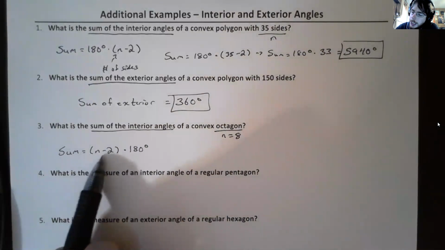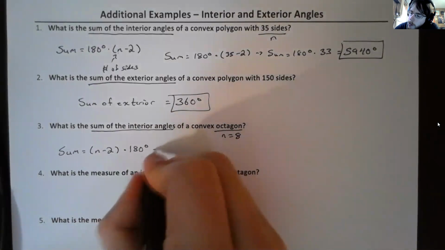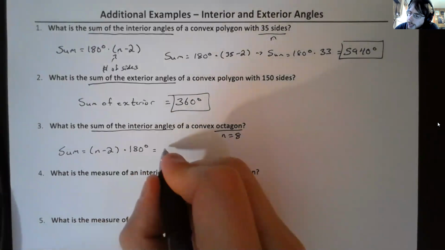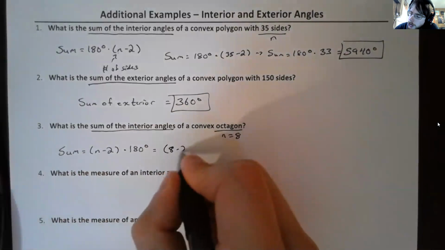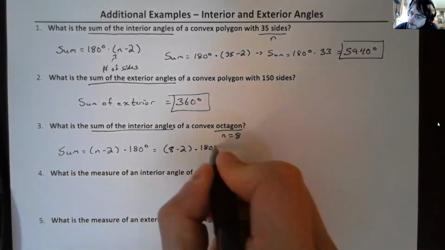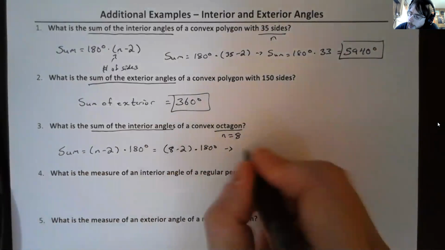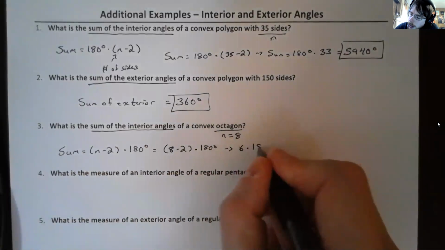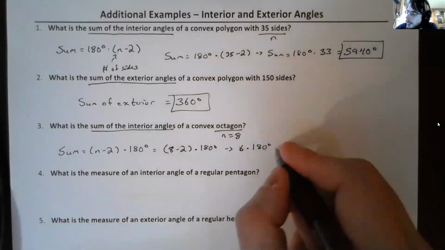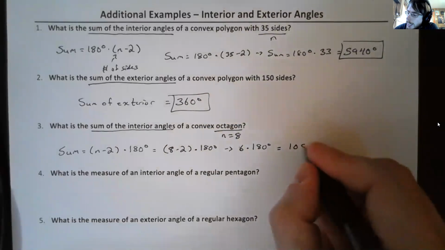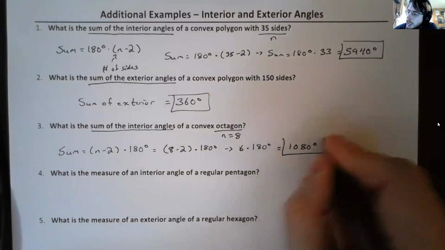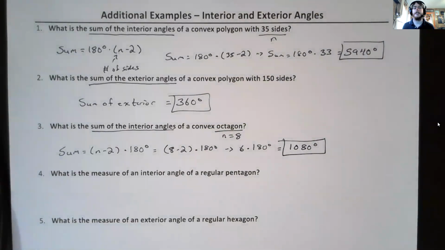So this gives us 8 minus 2 times 180. 8 minus 2 is 6. Then 6 times 180 gives you 1,080 degrees. So the sum of the interior angles of a convex octagon is 1,080 degrees.